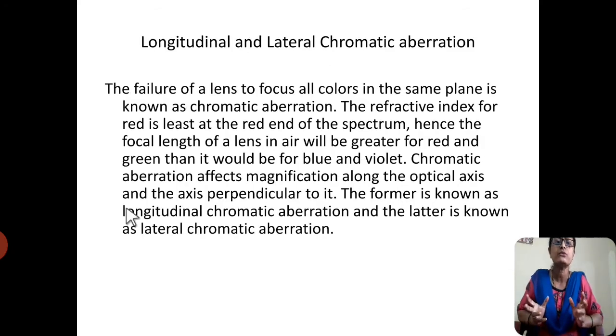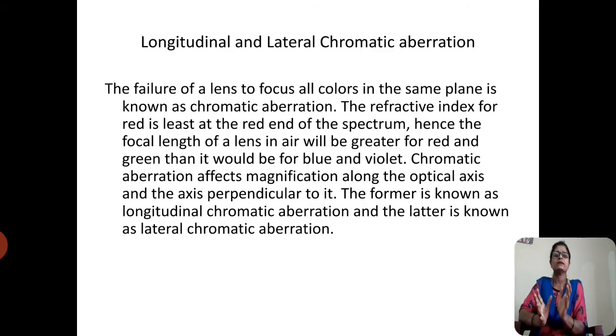Now we have to discuss longitudinal and lateral chromatic aberration. Chromatic aberration is the failure or defect of the lens to focus all colors in the same plane.